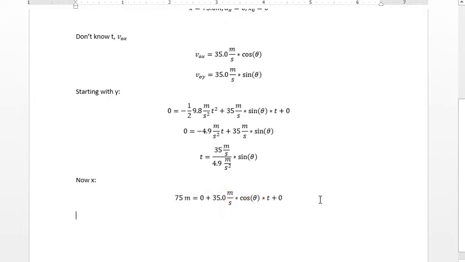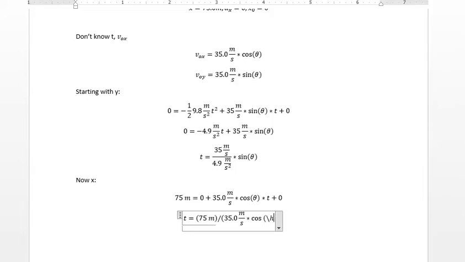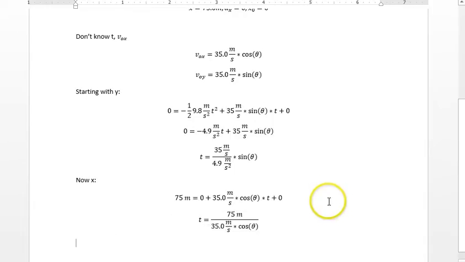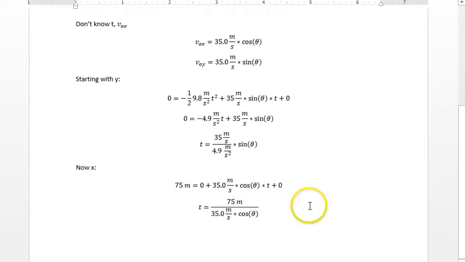Let's solve for time again, and we get time is 75 meters divided by 35.0 meters per second times cosine of theta. All right, so that's what we get for time. The earlier expression is the time based on the y bit.